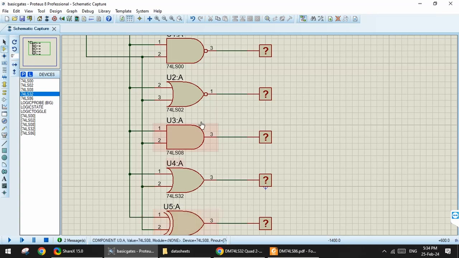We can also see this in Proteus over here. You can see that NAND gate, AND gate, OR gate, exclusive OR, all these four have inputs at pin 1, 2 and the output at 3. But this NOR gate has inputs at pin 2 and 3 and output at pin 1.